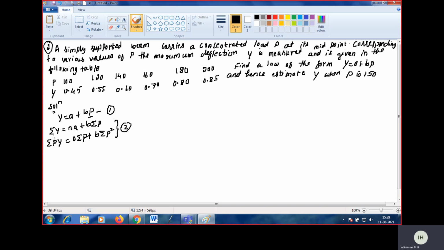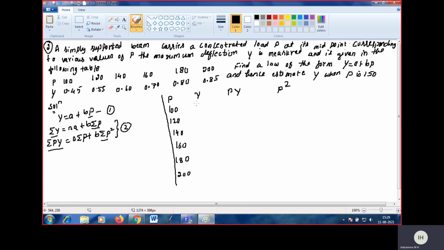So now we have to find out summation of Y, summation of P, summation of Py and summation of P square from the table. Okay, the table consisting of P, then I need Y, then Py, then P square. So write down the P values. P is 100, 120, 140, 160, 180 and 200.